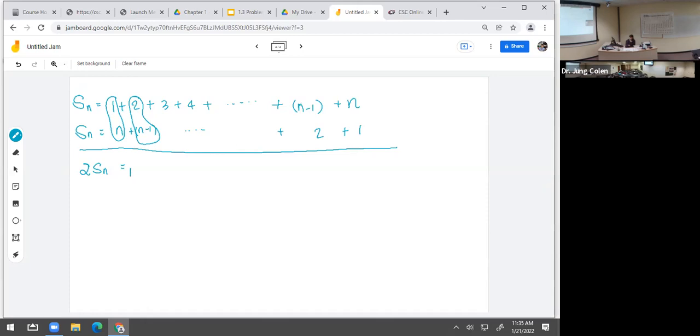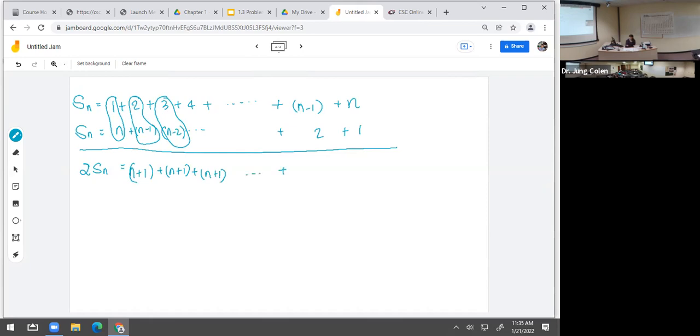So the first column I have n plus 1. For the second column I have n plus 1. And the next number here, 1 less than that, should be n minus 2. So if I add 3 and n minus 2, what will I get? N plus 1 again, right? 3 minus 2 is 1, and n plus 1. And so on and so on.